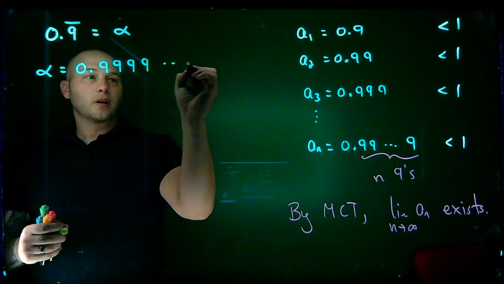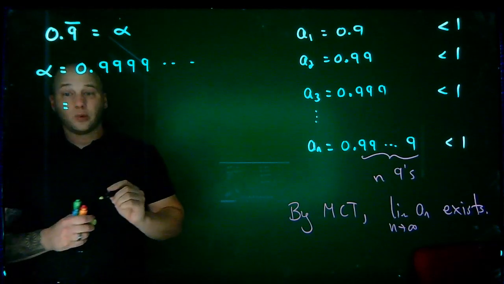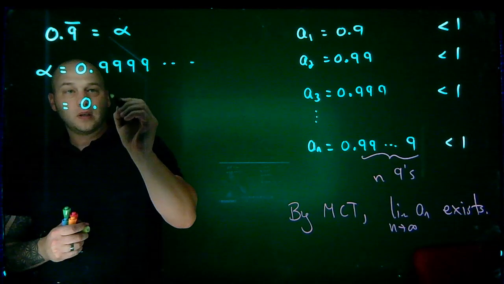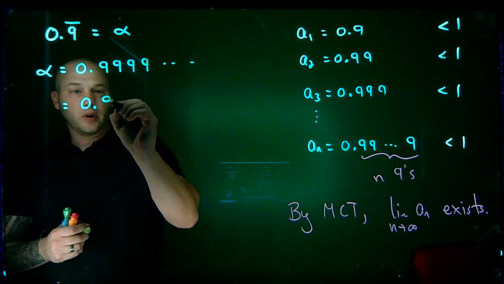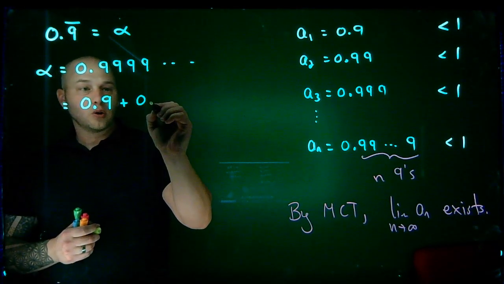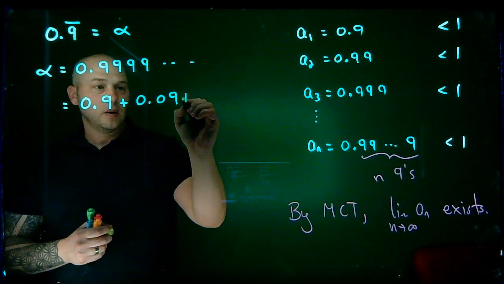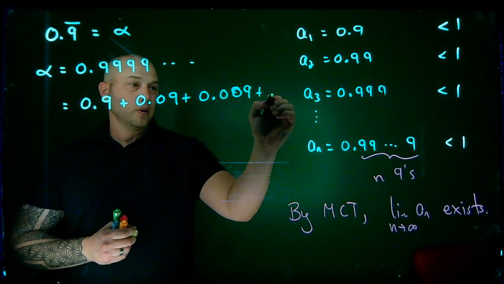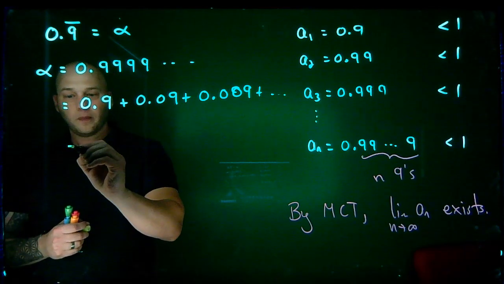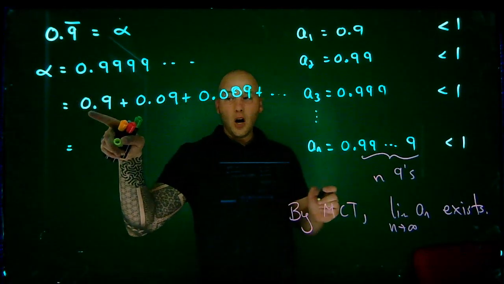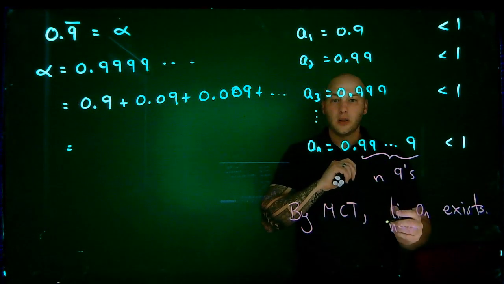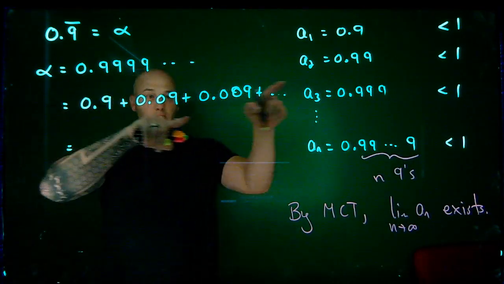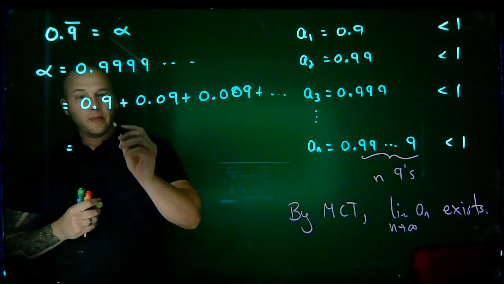0.9999, etc. Now, the way decimals work is I can take the first component of that decimal, 0.9, and then I can add 0.09 plus 0.009 plus, etc. Okay. Again, this is a convergent infinite series. Therefore, we can separate this into the infinite sum. And, well, how about 0.9?